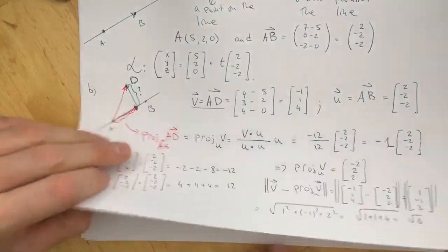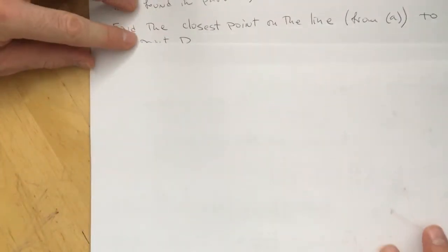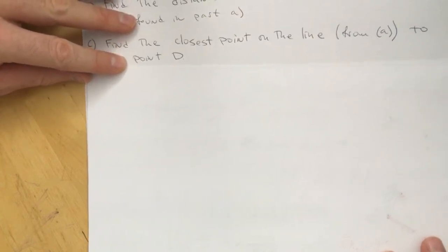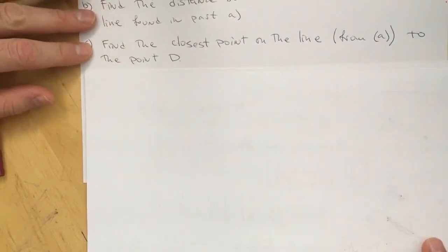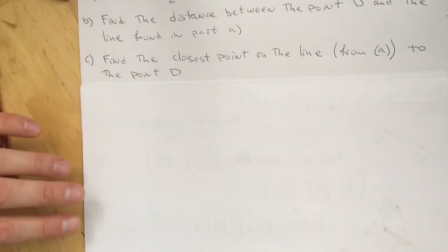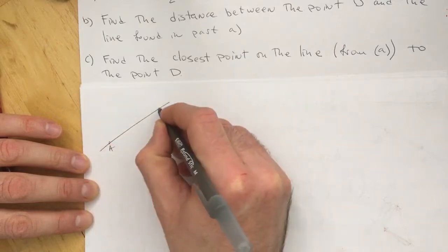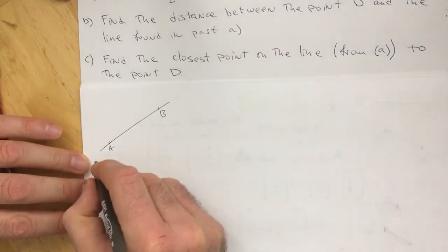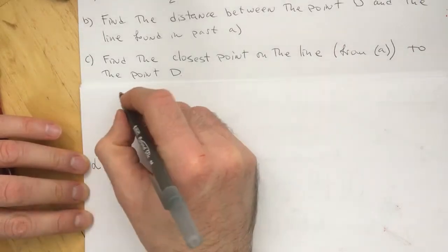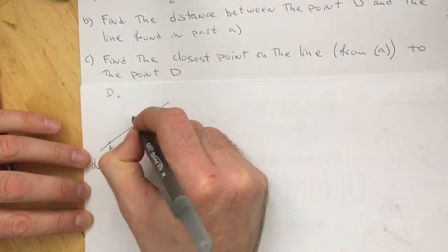Okay, the next problem, part C, says find the closest point from the line L, the line found in A. So this is A and B, and we call this line L, and here was the point D. Now what are we looking for?